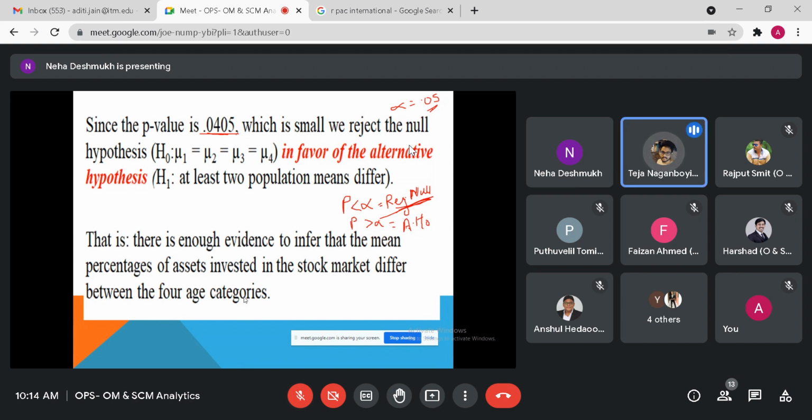Ma'am, one small doubt regarding this statement. If we are trying to prove that the percentage of assets differs based on the four age categories, then generally we can take out the means for all four age categories and say that if there is a difference, yes, we can reject the null hypothesis and accept the alternative. Why are we doing tests?